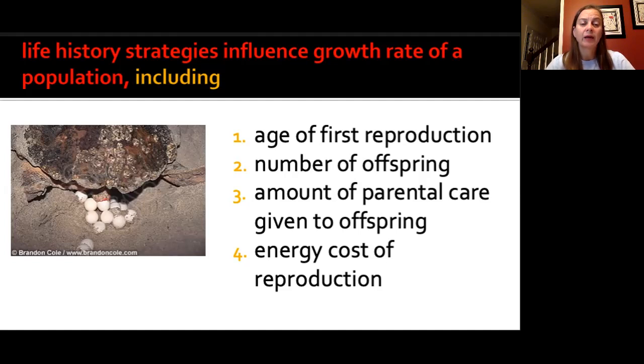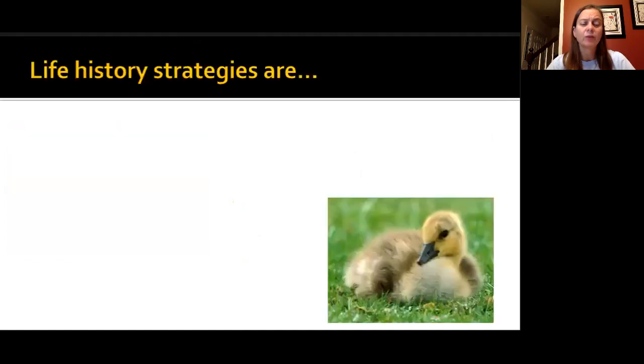The amount of parental care given to offspring, well, as you provide more care, that takes more energy, and that is going to slow down the growth rate of a population. And then there's the energy cost of reproduction. If an organism can reproduce easily and without investing a lot of its own energy, that's also going to increase growth rate. So what shapes these life history strategies?